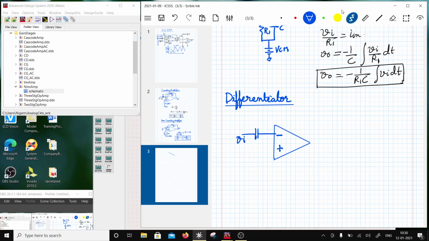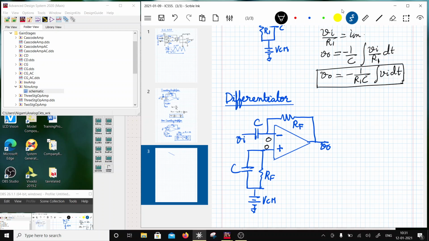So this is VI, and then I have a resistor here as RF, and this is output VO, and this is going to be RF in parallel with C. And now I am going to put in again a VCM from here. Right, so this is a small signal ground, this is a small signal ground.